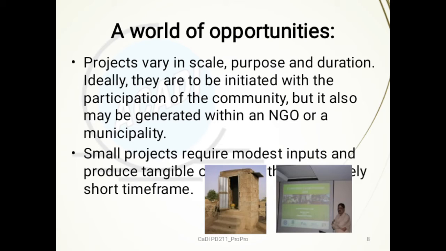A world of opportunities. We live in a world of opportunities. Projects vary in scale, purpose and duration. Ideally, they are to be initiated with the participation of the community, but it also may be generated within a non-governmental organization or a municipality. Small projects require modest input and produce tangible results in a short time frame.